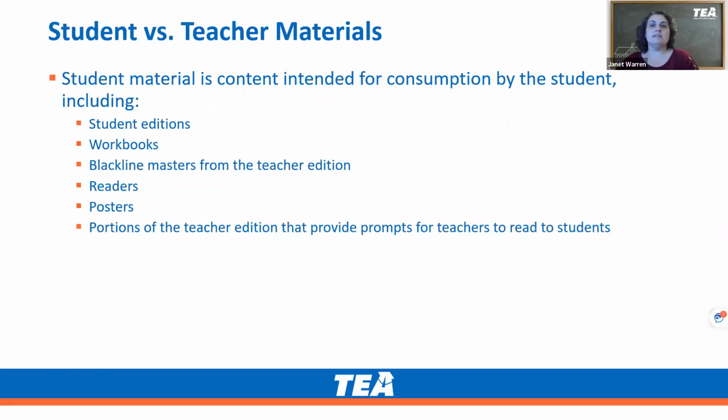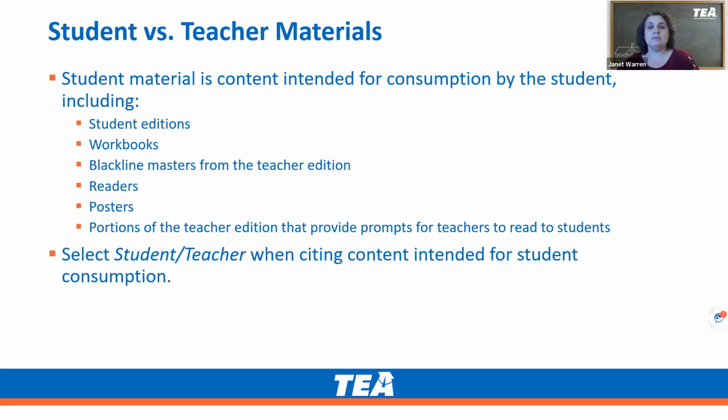Publishers are required to demonstrate alignment in both the student and the teacher materials. Student materials consist of content that is intended for student consumption. Some examples could be the student edition, workbooks, Blackline Masters from the teacher edition, assessments, readers, posters, and it could even be portions of the teacher edition that provide prompts of what the student should do.